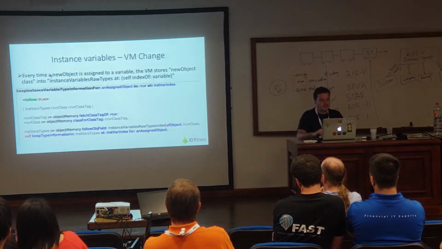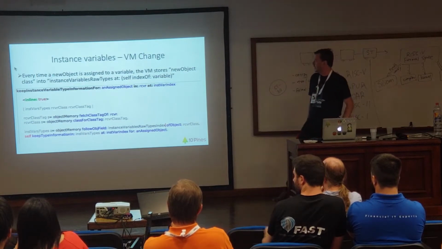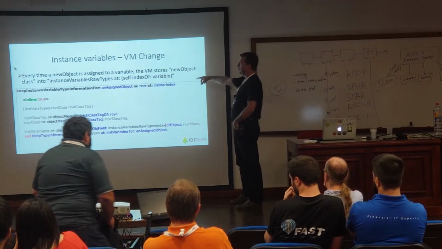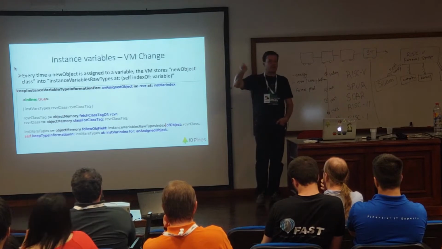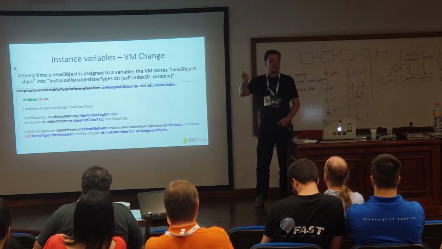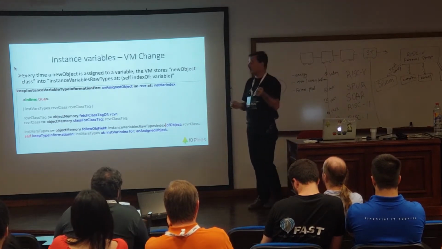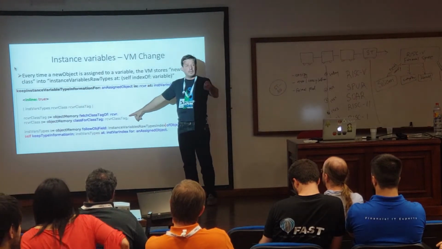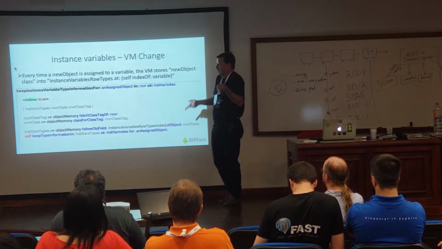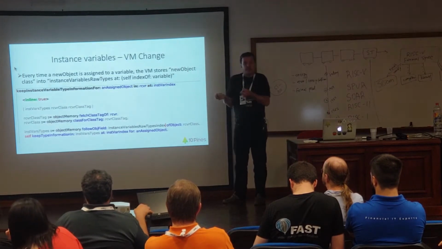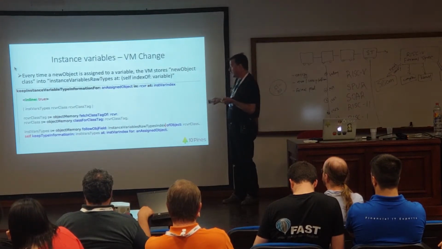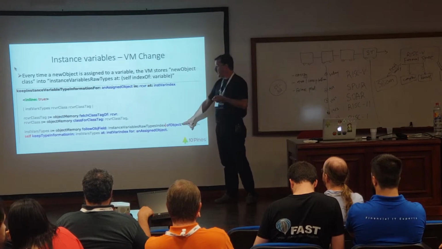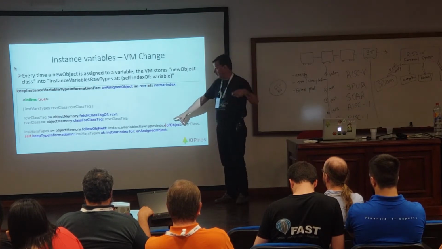And so how does this work on the VM? It's very simple. I modify the bytecode that assigns an object to an instance variable to get the class of the receiver, of the object that has the instance variable, and then it looks for the array in that class for the instance variable.